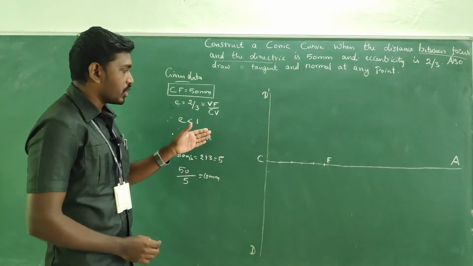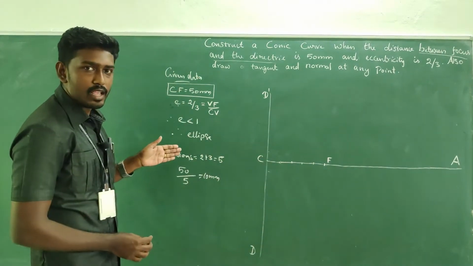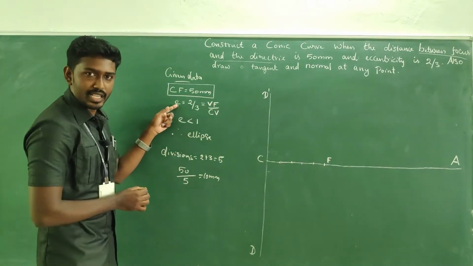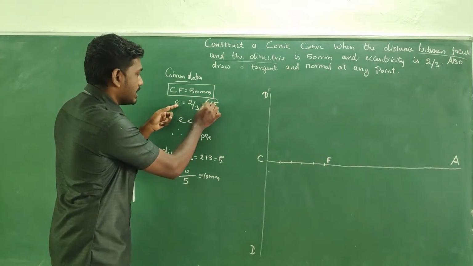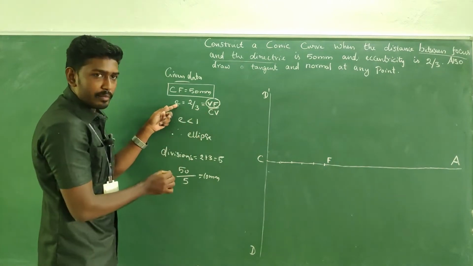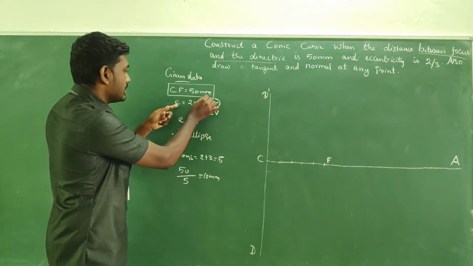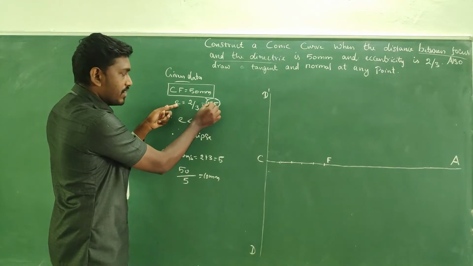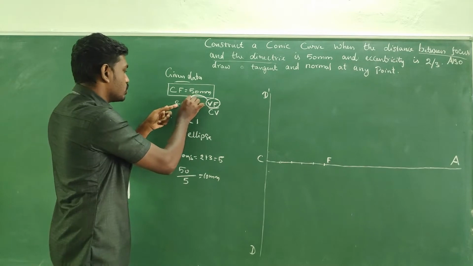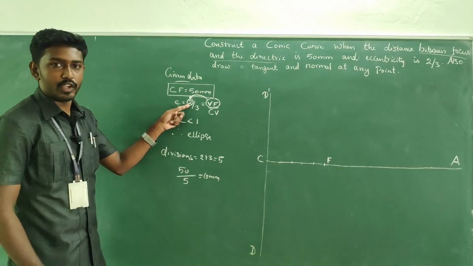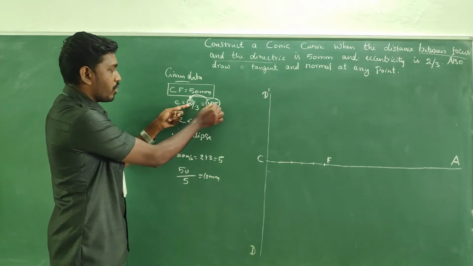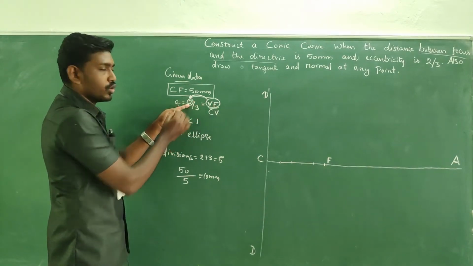Now we are going to keep the vertex. Eccentricity is VF divided by VC, am I right? So the distance of the vertex from the focus point is 2 divisions. From this eccentricity value we can clearly take that from the focus to the vertex is 2 divisions.